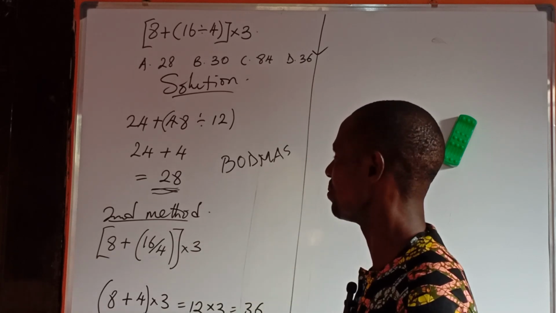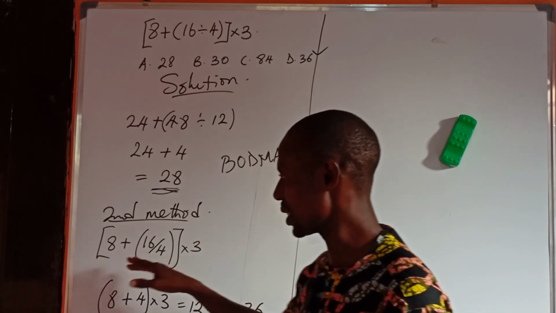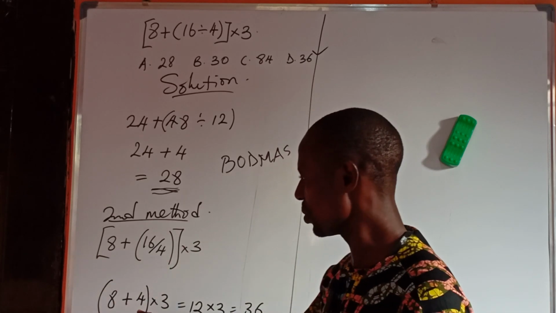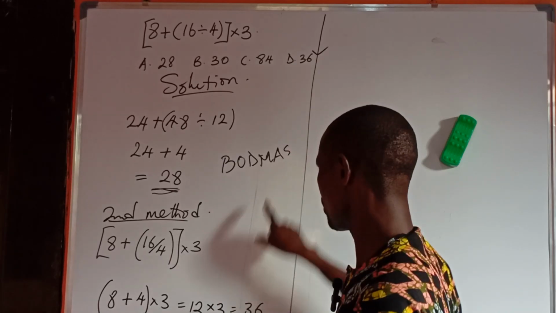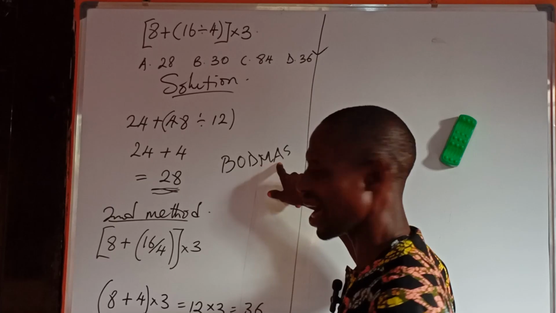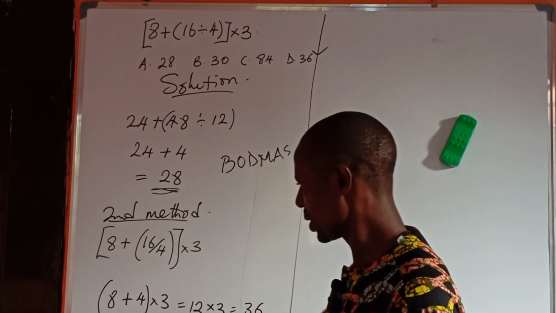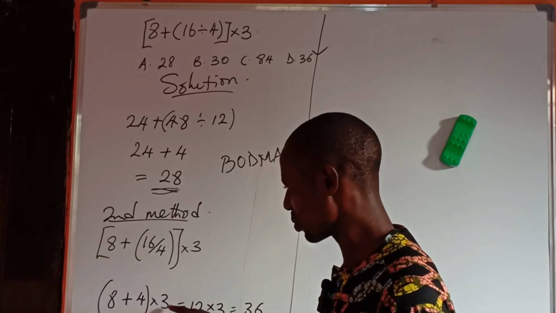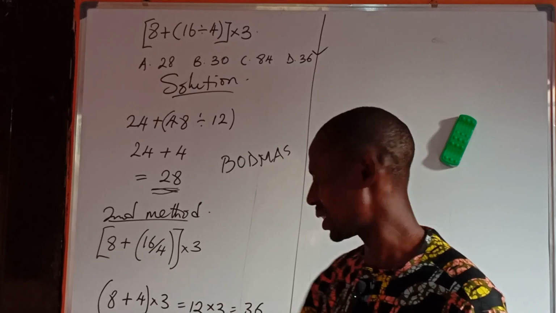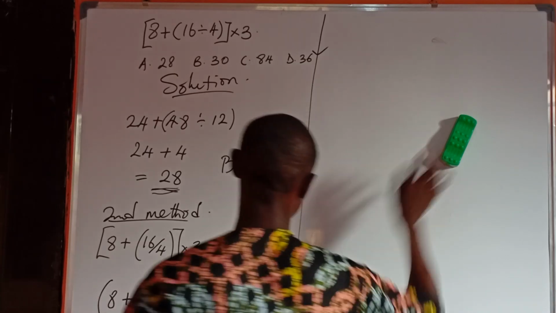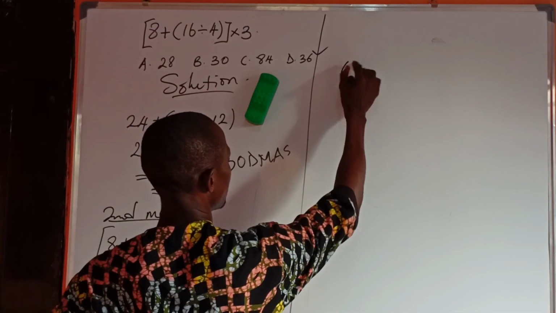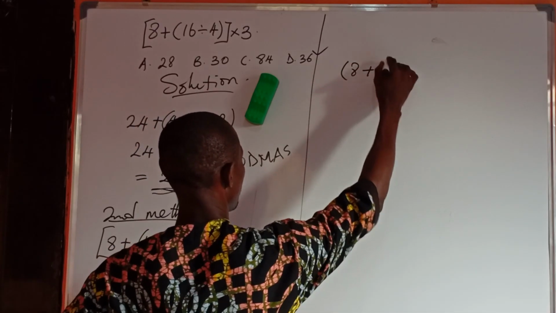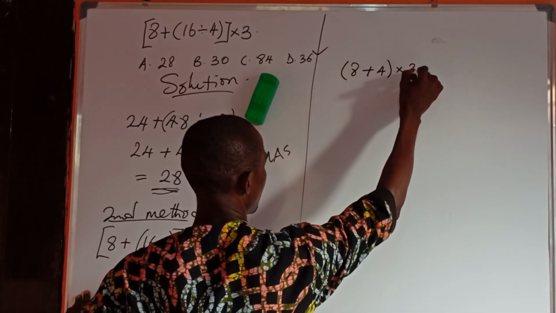Then if we come to this side, that's why I said if you use this to open up this, then you still get the same answer, because here you have multiplication before addition. So if we continue from here, that we have to solve the multiplication first before addition, let's check it from here. This is going to give us 8 plus 4, the bracket, times our 3.